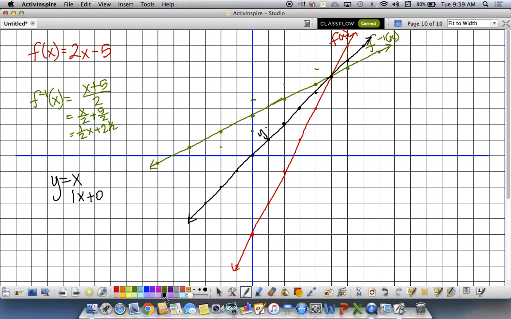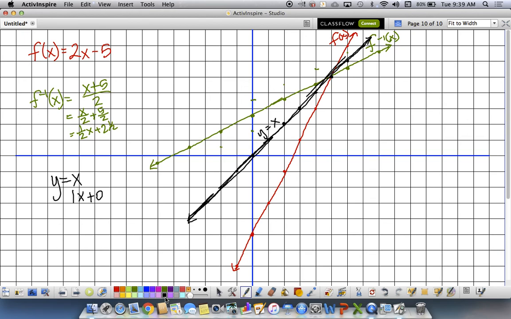This is the line y equals x. So if I could just fold my paper, you can fold your paper. If I fold my paper on this black line right here, okay, I can't go over it again and make it straight. Sorry. If I fold it, will the green line and the red line be right on top of each other? Yes, they will.